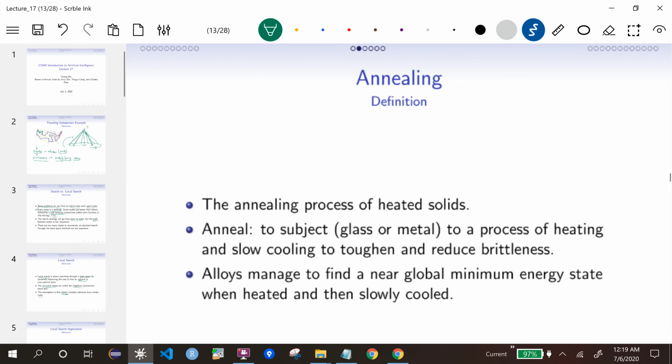The name came from the annealing process of heated solids, for example metal. Personally, I don't really know the physics, so if I said something wrong and you are a physics person, you can correct me by making a post on Piazza.